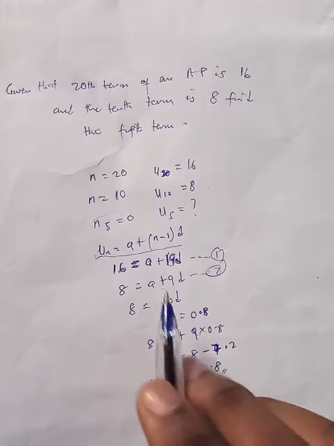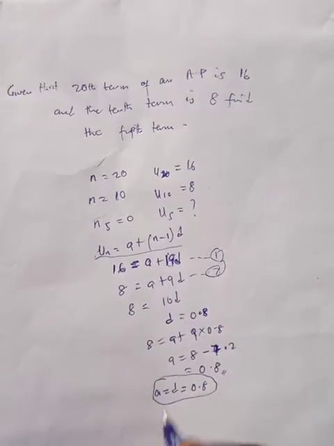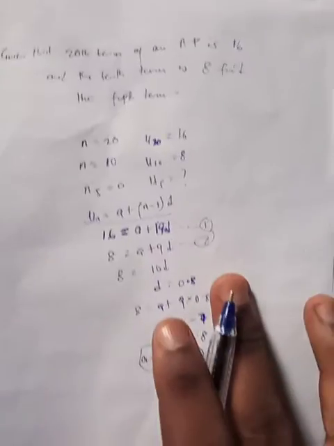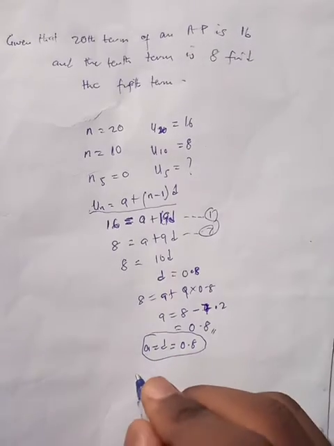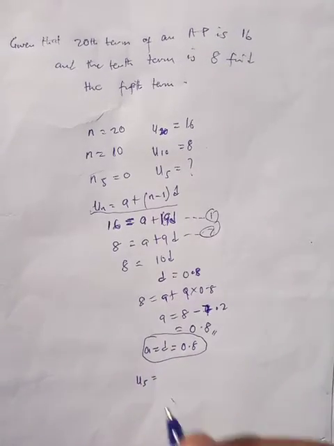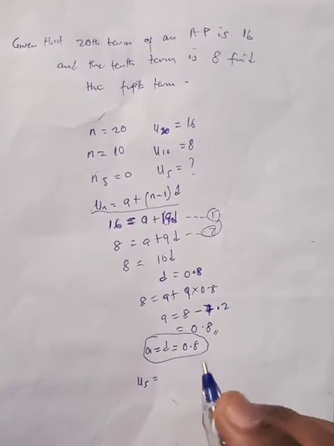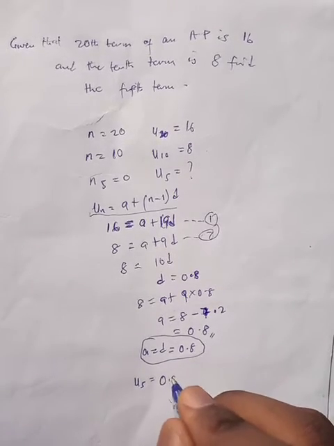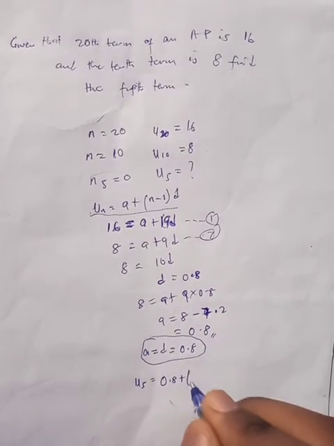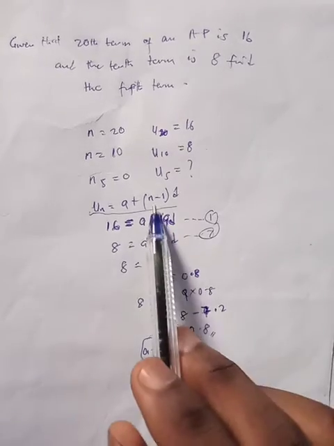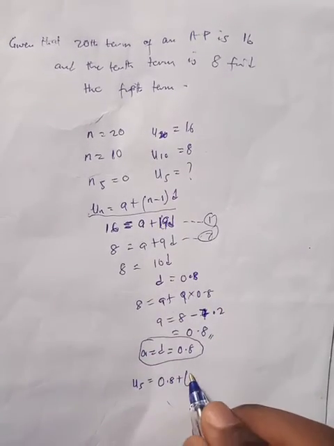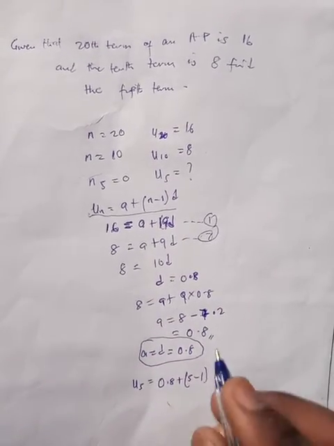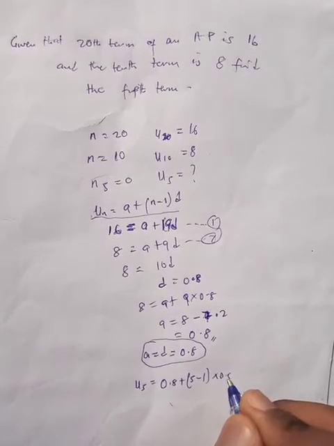Then, after knowing a and d, what will we do? We now find our u of 5, which is equal to the first term, which is 0.8, plus n minus 1, which is 5 minus 1, times 0.8.